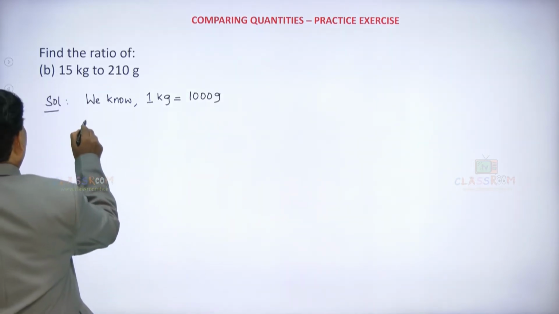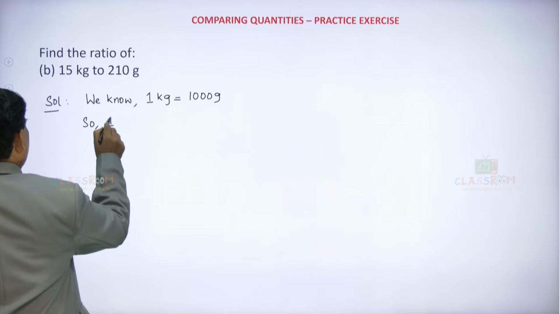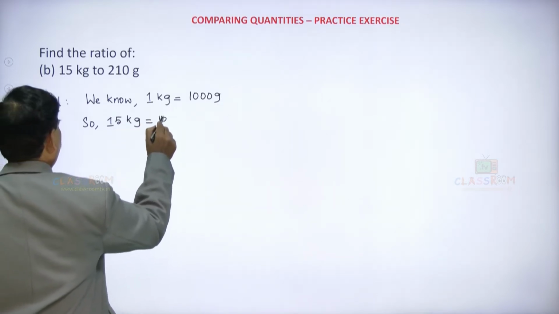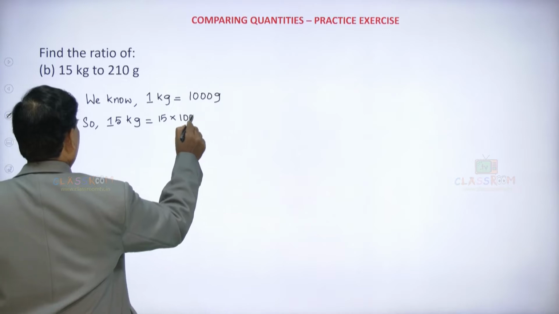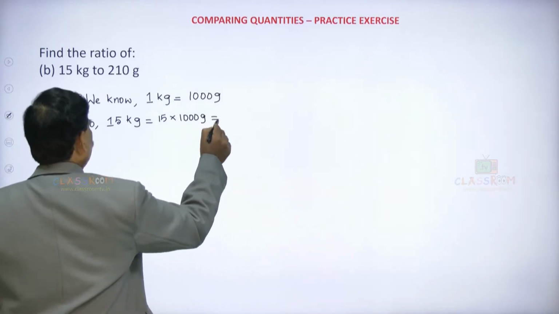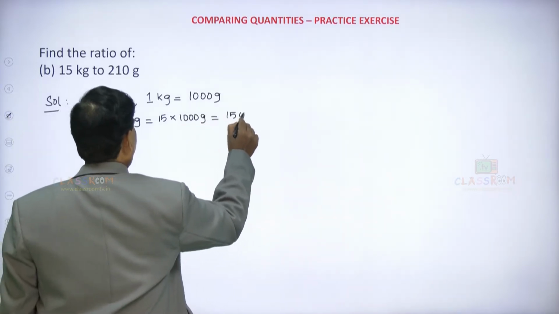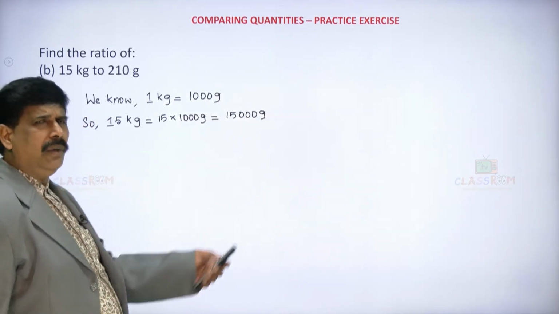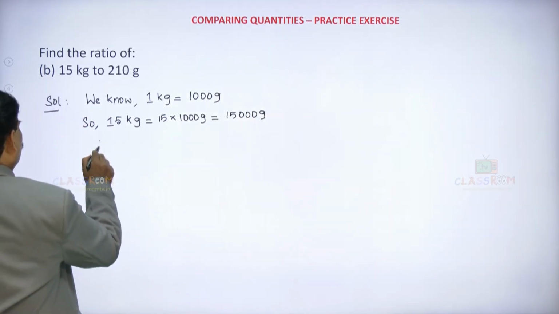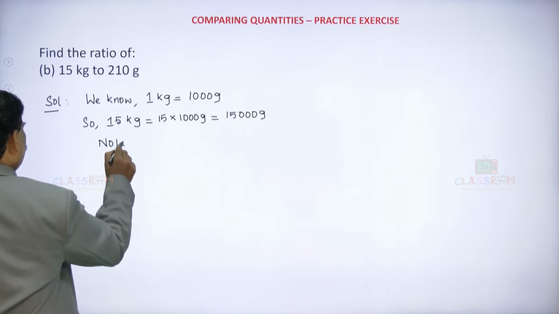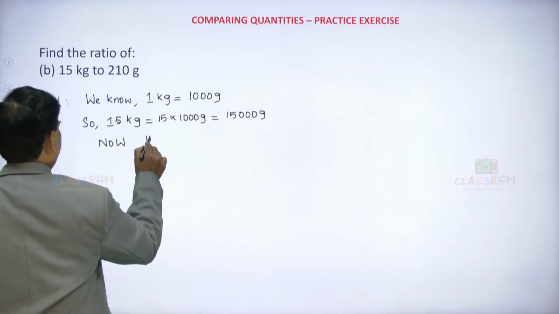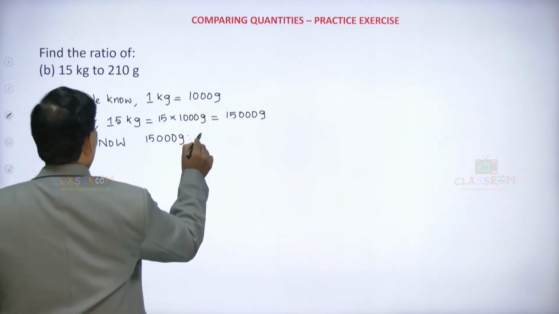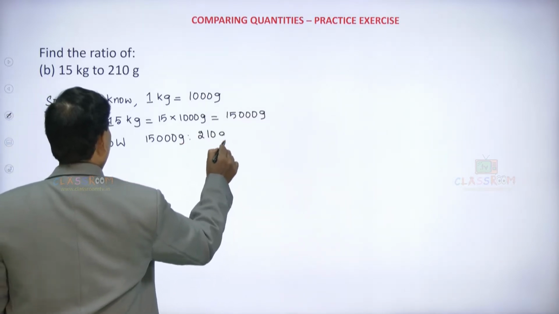So 15 kg is equal to 15 into 1000 grams. So that will be 15,000 grams. So now we need to find the ratio. So now 15,000 grams is to 210 grams.